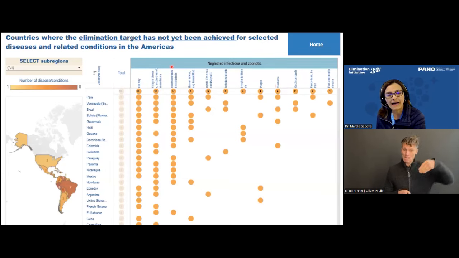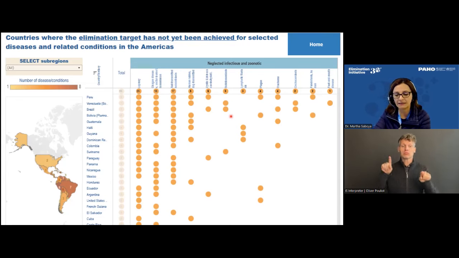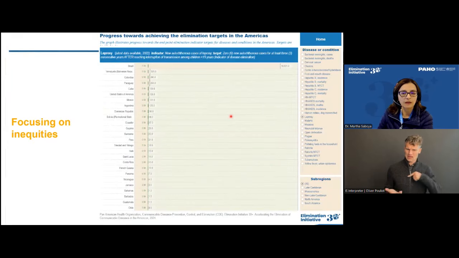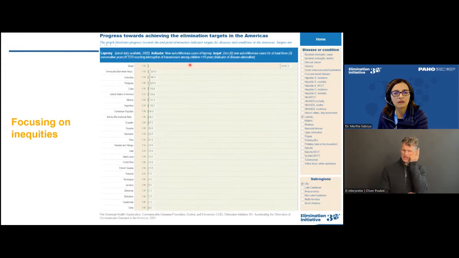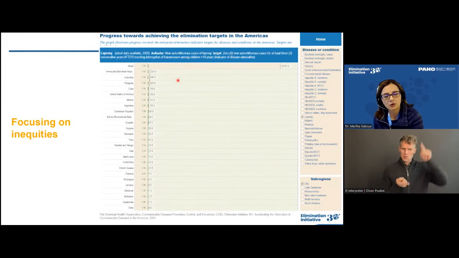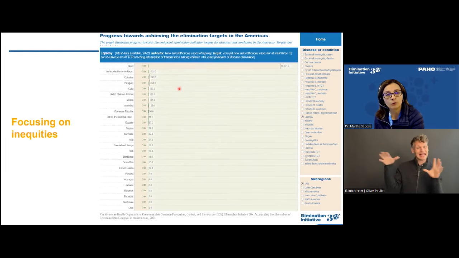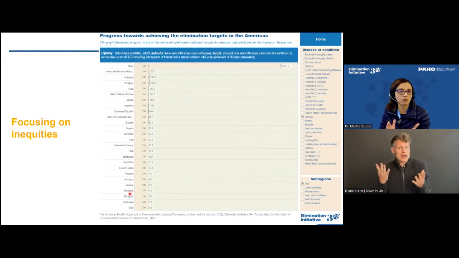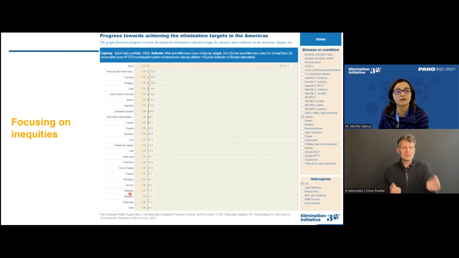So understanding what is happening behind this distribution of diseases in the region, and not only at the national level, but at the subnational level, is key for us to accelerate the elimination goals. If we look into what is happening with leprosy, this graph is showing the number of autochthonous cases of leprosy across the region according to the most updated information that we have.